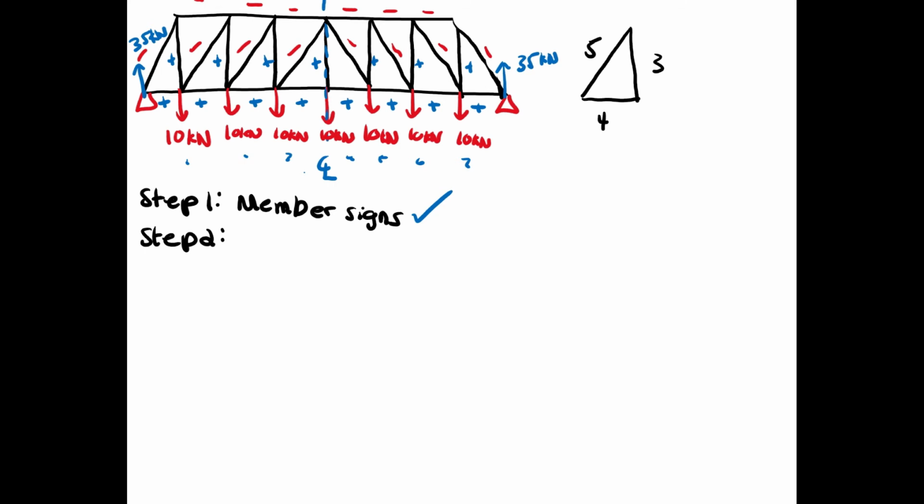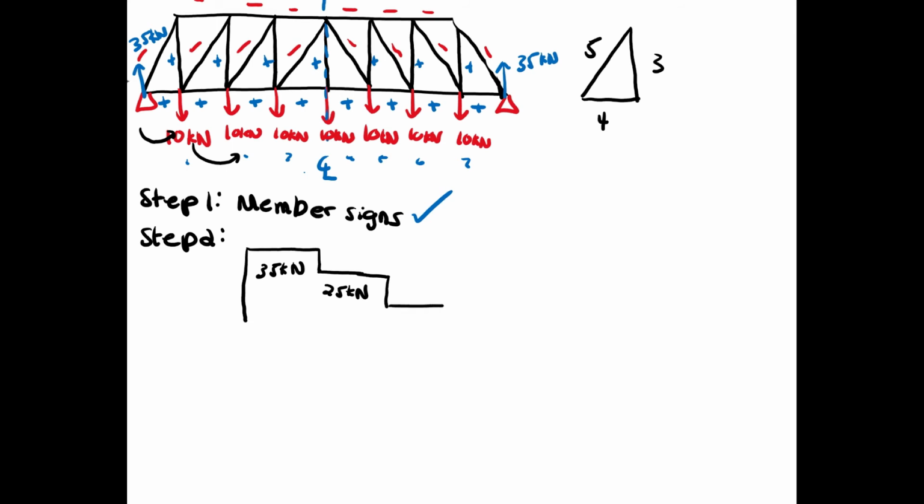So now, knowing this, we want to take our half of the bridge that we are going to solve, and we are going to make our little staircase thing that I was talking about earlier. So we start with our 35 kilonewtons, and then as we move from this joint to the next joint, we are going to be subtracting 10. So we have 25 kilonewtons. And then we're going to be subtracting another 10 as we move to the next joint.